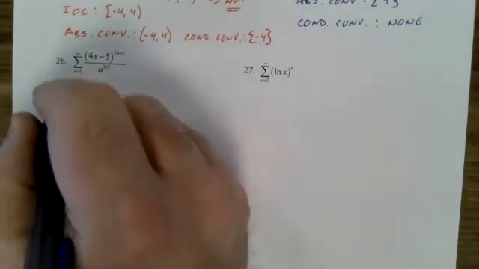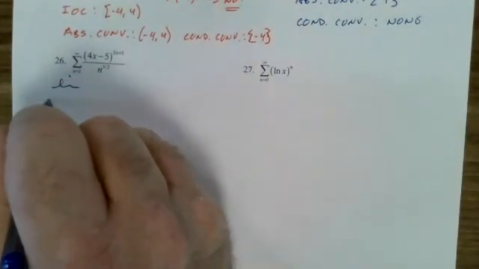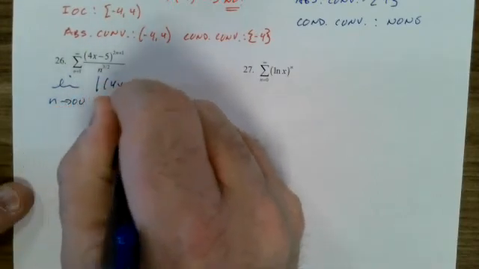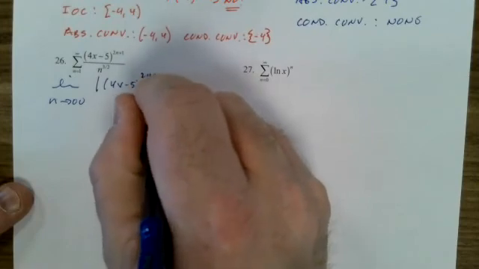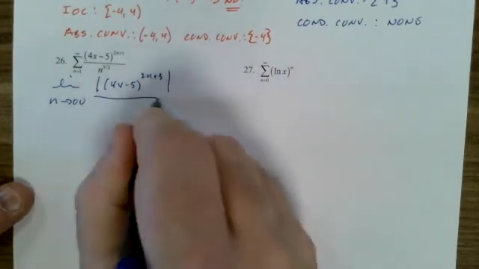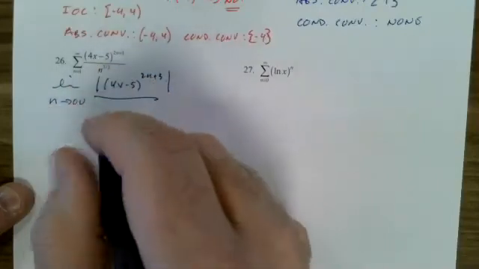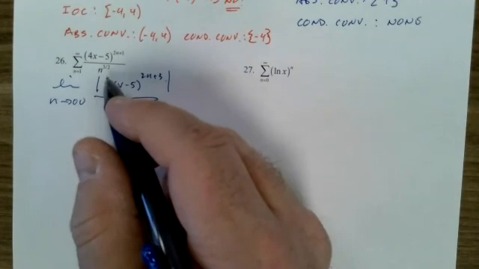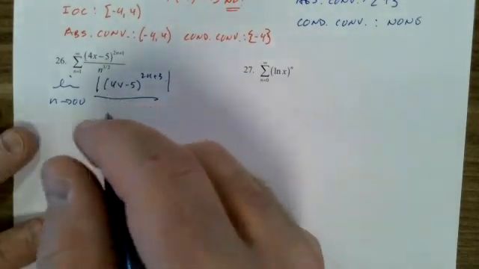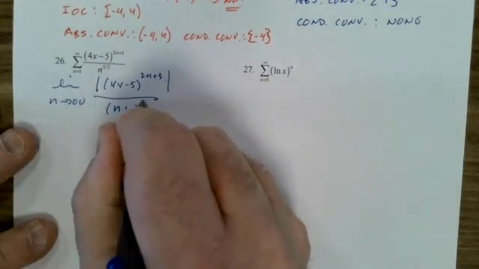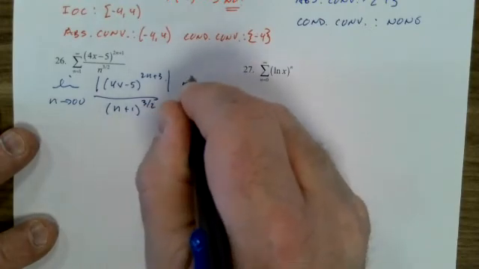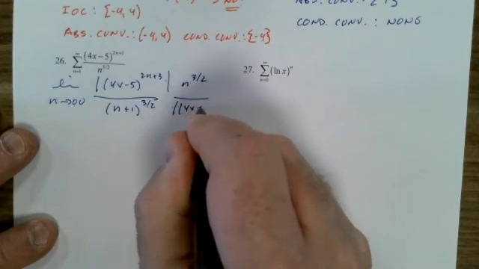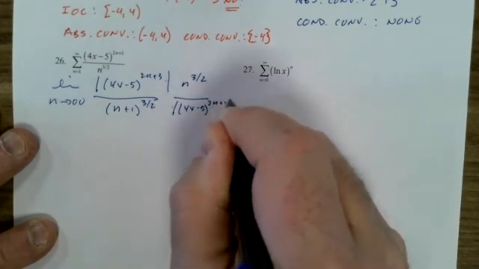All right, limit n goes to infinity, 4x minus 5 to the 2n plus 3 over, this is going to have some conditional convergence because we got into the 3 halves. Actually, no, it's going to converge everywhere. So both endpoints should work. n plus 1 to the 3 halves, n to the 3 halves, 4x minus 5 to the 2n plus 1.